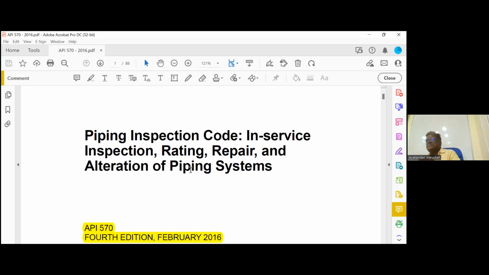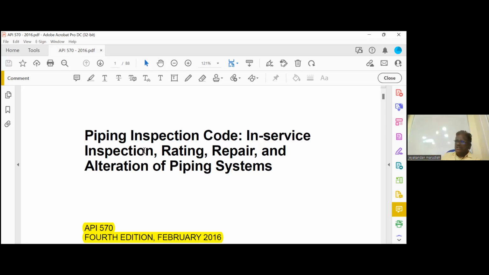As I said before, we will not complete 570 in 1 day. It may take more than 2 days, actually. It may take 3 days also. So, first one, it is a code. Code means it is a legal document. We have to strictly follow. So if you agreed to do the inspection as per 570, you have to strictly follow. You cannot deviate from it. Second one, it talks about in-service inspection.